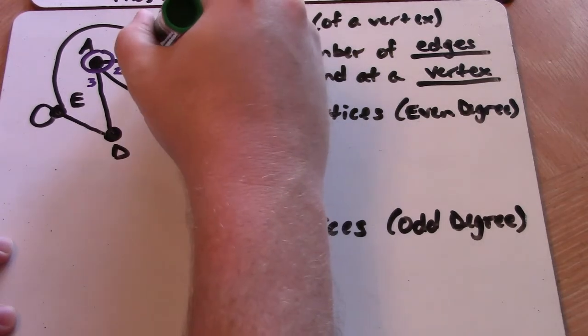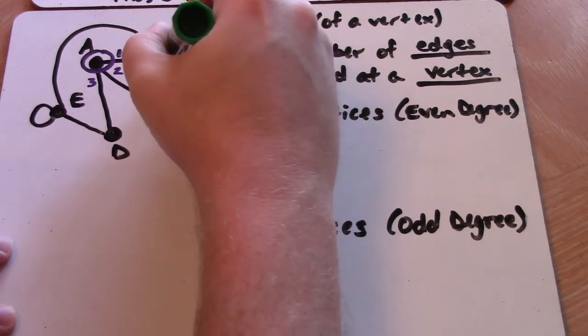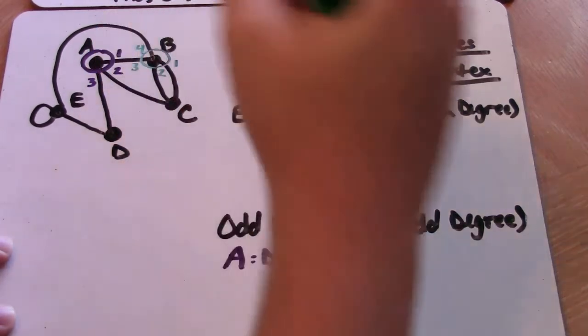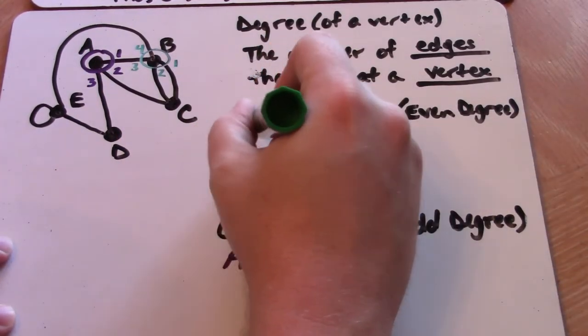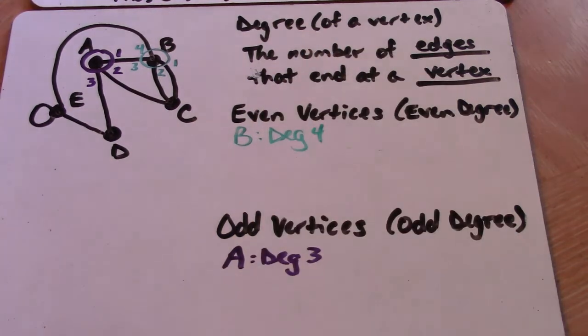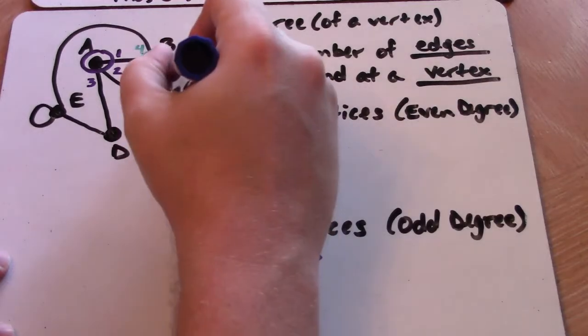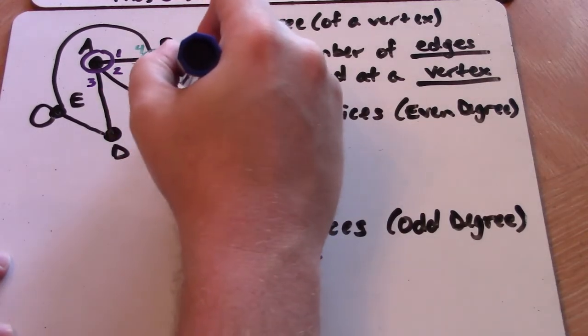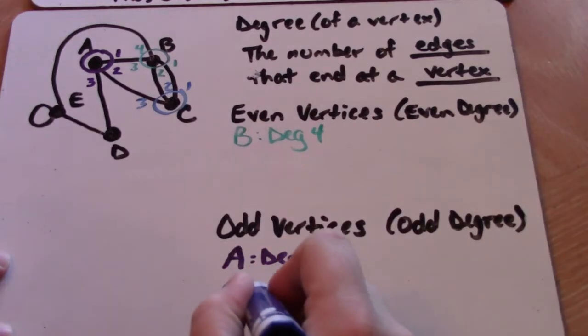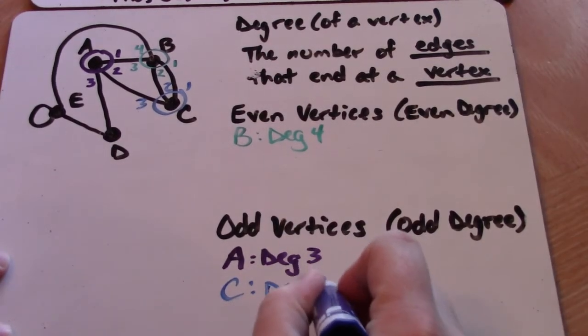At B, we have 4 edges that end at B. 1, 2, 3, 4. Which means that B is degree 4, and that makes B an even vertex. Now we can do this exact same process at every point in the entire graph. For instance, at C, we have 3 edges, 1, 2, 3, which means C is degree 3.